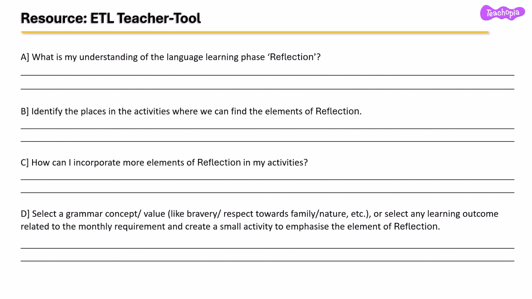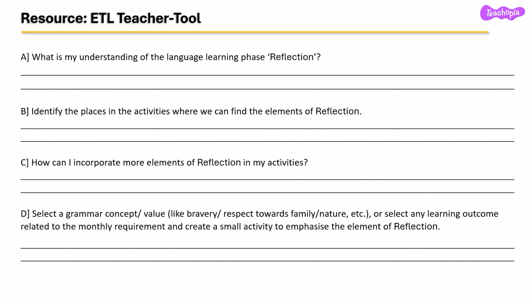And lastly, you need to create. So you select a grammar topic or a value like bravery, respect towards family, nature, or select any learning outcome related to the monthly requirement and create a small activity to emphasize the element of reflection.